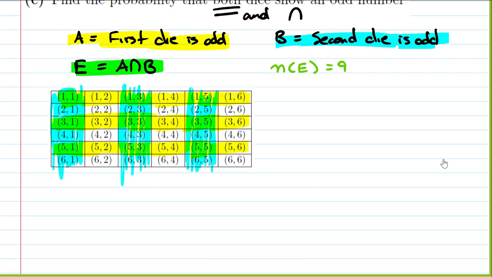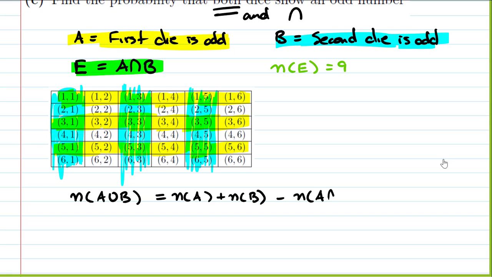So we may remember the following formula. The number of things in A union B is equal to the number of things in A plus the number of things in B minus the number of things in A intersect B. In the past, we used this formula to solve for the number of things in A union B. Well, you can use it if you know any 3 of these things.